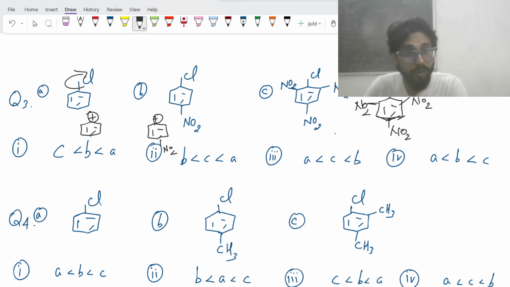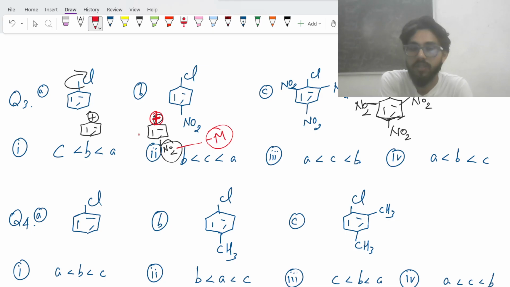As you learned in the previous question, this nitro group will act as a minus M group, and if it is acting as a minus M group, it will increase the positive charge. And if the positive charge is increasing, then SN1, the nucleophilic substitution, can be favored. It will be good for this.